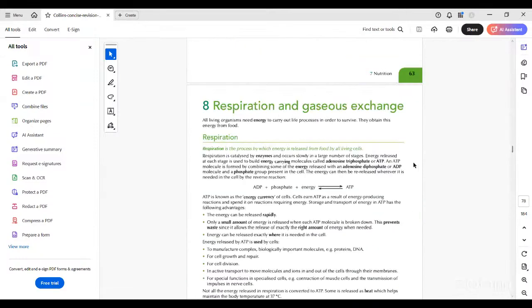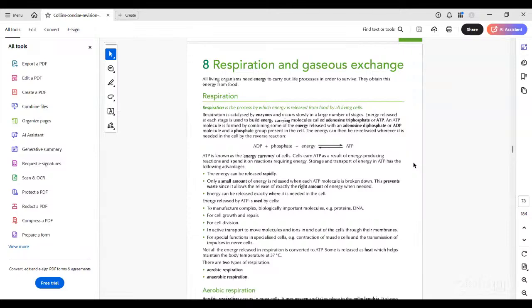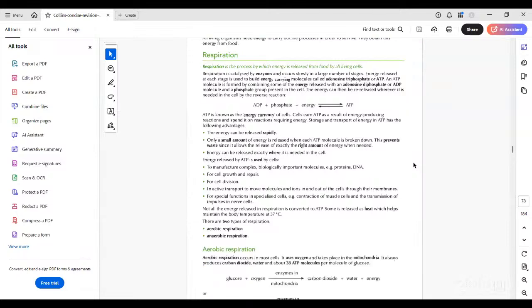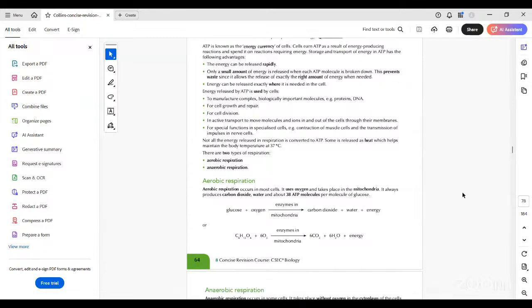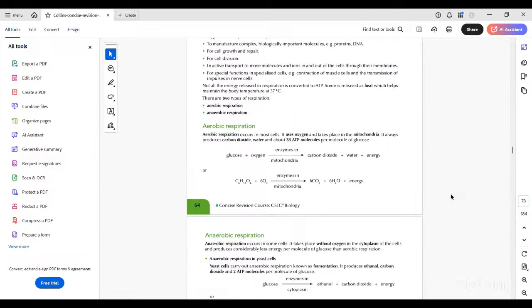Yes, sir. Okay. So here we are. So the formula for aerobic respiration is right here. Are you seeing my screen? Yes, sir. Okay.